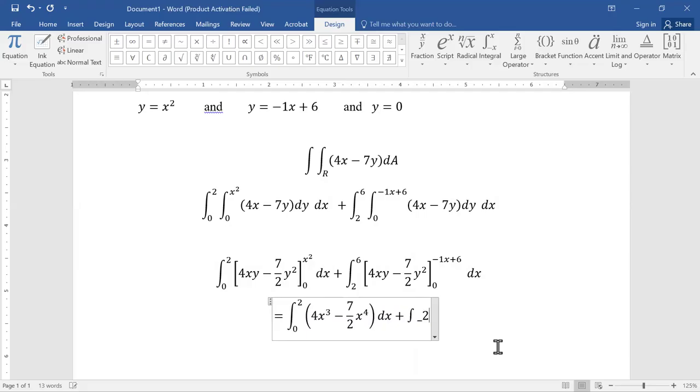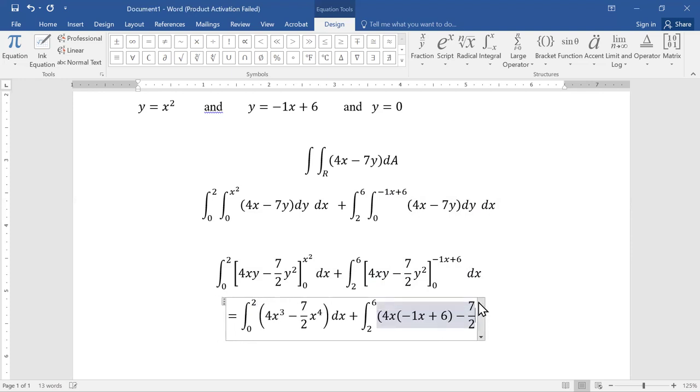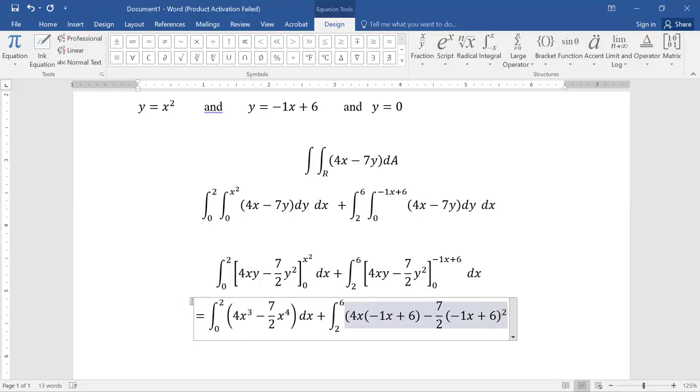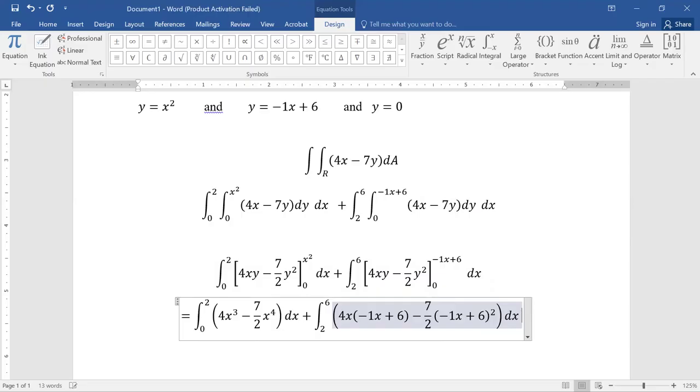On my next one, when I plug in negative 1x plus 6, I get 4x times negative 1x plus 6 minus 7 halves times negative 1x plus 6 squared. And when I plug in 0, I get a 0. That's nice. Integrating that with respect to x.